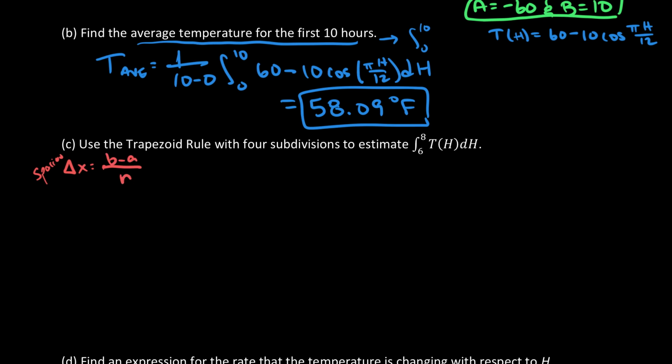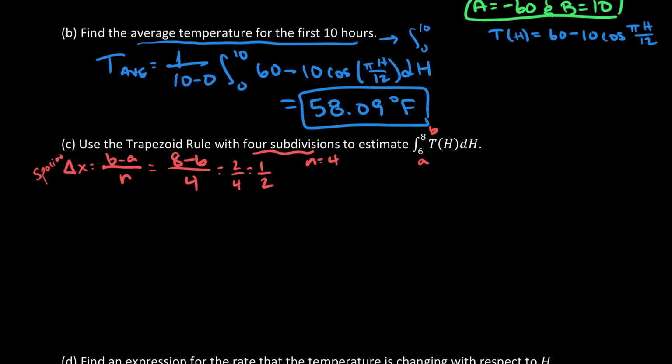Well, n is 4 subdivisions, so there's my a and my b: 8 minus 6, so that's 2 over 4. So my delta x spacing is 1/2.